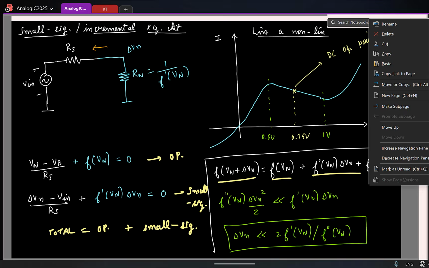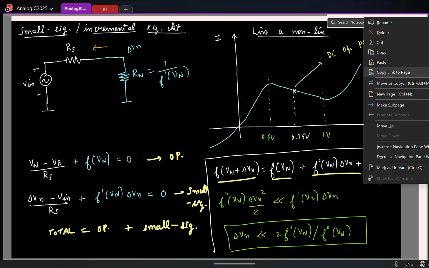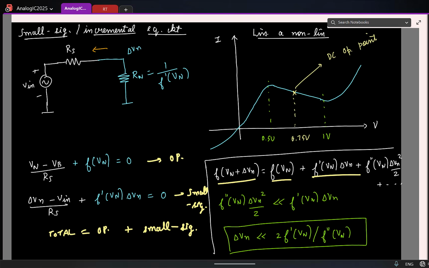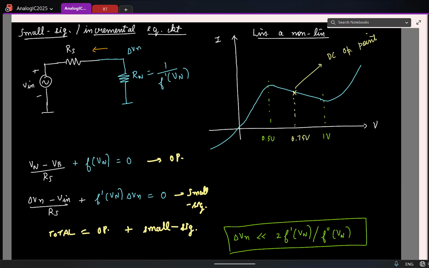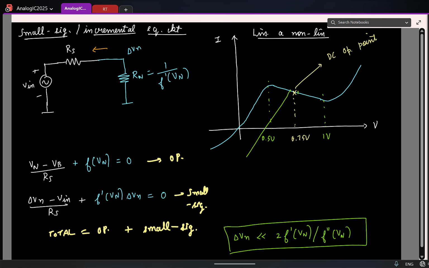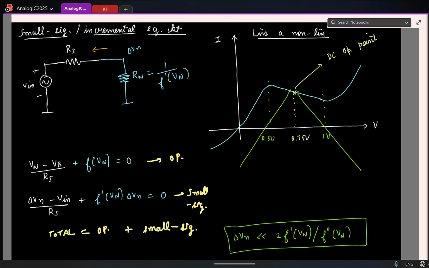Now, of course, if you see this graphically, it's even more intuitive. Let me erase all this. What we are saying is the device is operating at this operating point, and my range of delta Vn is small. So maybe it is operating in this small range of voltages. If I zoom in on the characteristic of the device in this range, even though the actual characteristic is nonlinear, around a small range, how will it look?